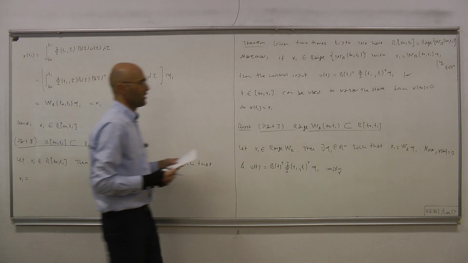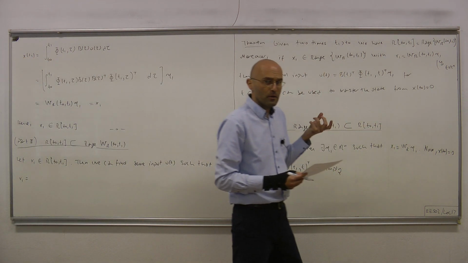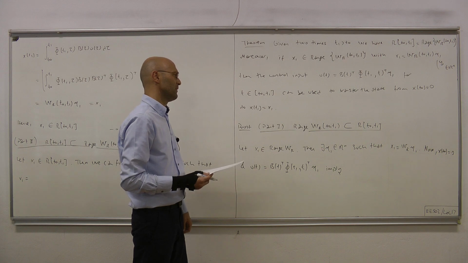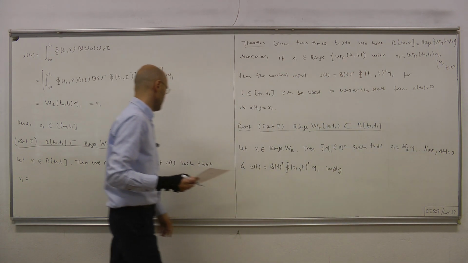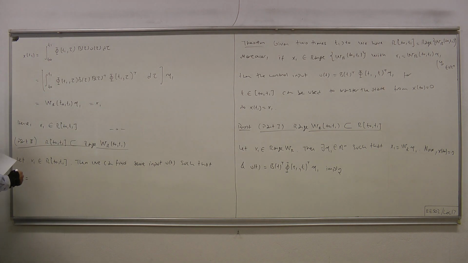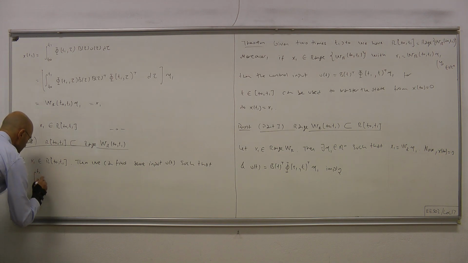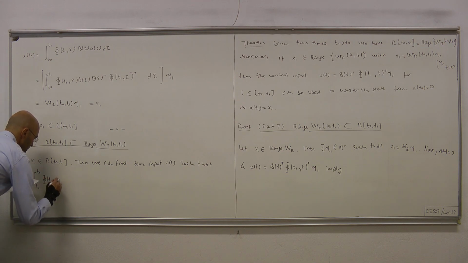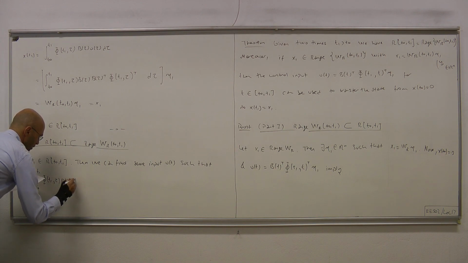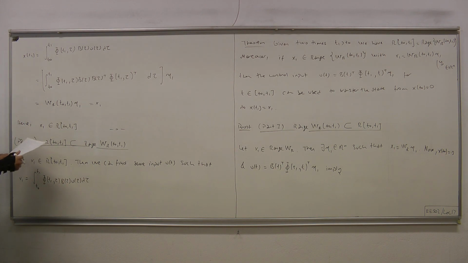Remember that when we talk about the reachable subspace, the starting point is always the origin. Therefore, x1 equals just the integral term from t0 to t1 of phi(t1, tau) B(tau) u(tau) d tau.